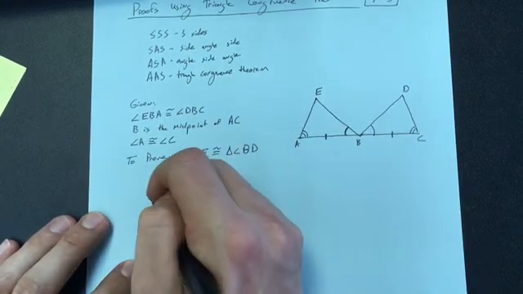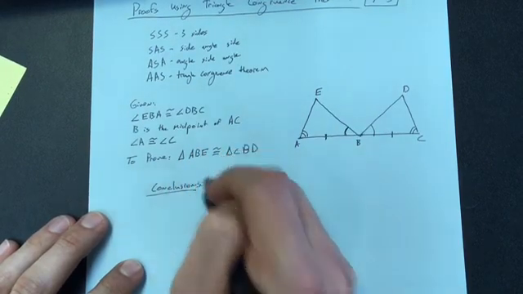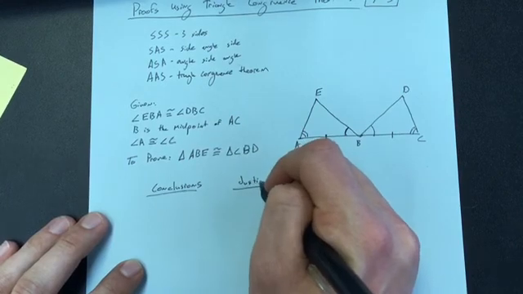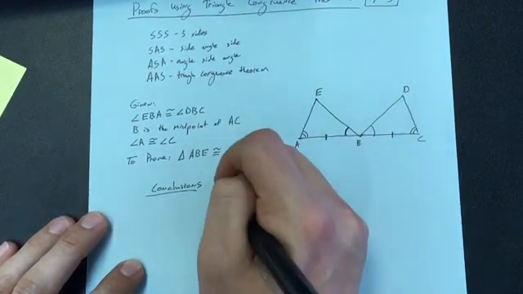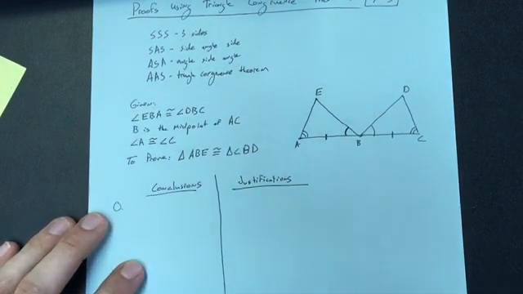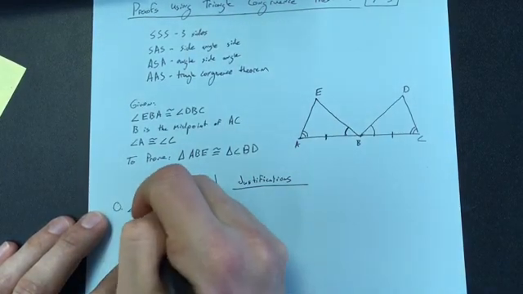So we're going to do this with a 2-column proof. We have conclusions on our left and justifications on our right. What comes first in our conclusions? Well, of course, these are our given statements, so we're just going to rewrite those.